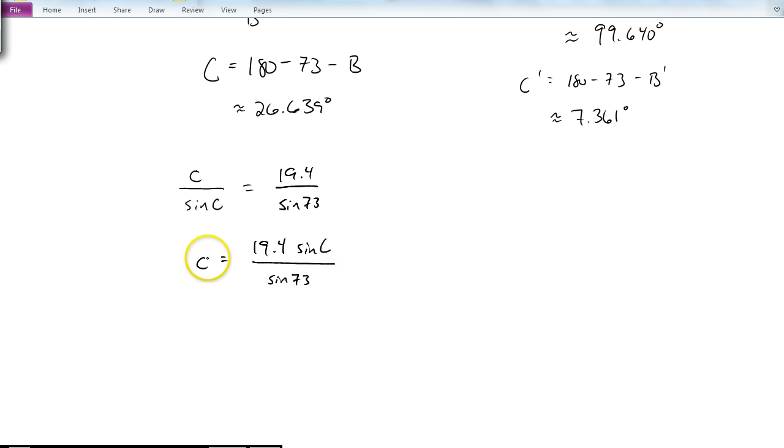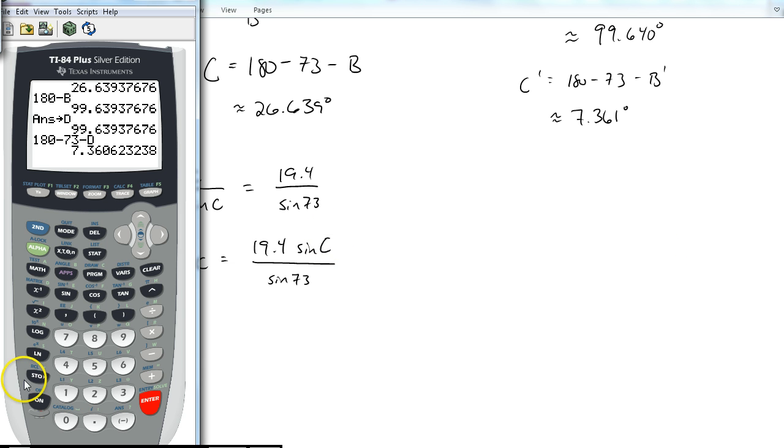Now this is a lowercase c standing for the side length, and this is an uppercase C standing for the angle C. So here I go. 19.4 times the sine of angle C. I didn't store it. You know what I'm going to do? I'm just going to store this real fast because I like to use the stow button.